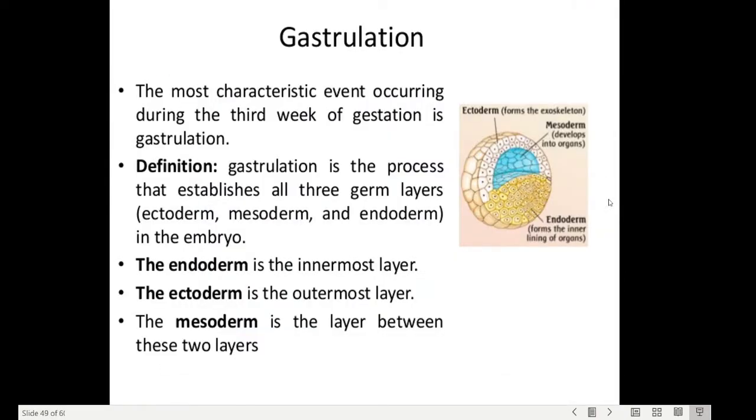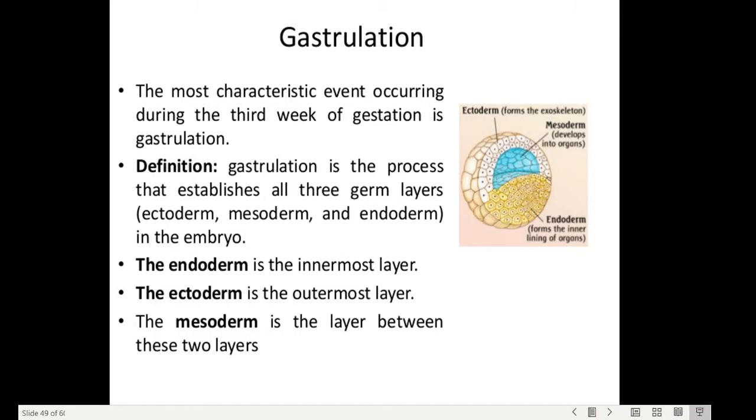So this gastrulation process forms 3 parts: endoderm, ectoderm, mesoderm. Endoderm is the inner part, ectoderm is the outer part. In between them we have the mesoderm. Mesoderm develops into organs. The ectoderm forms the external skeleton.